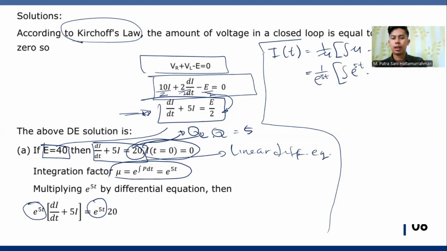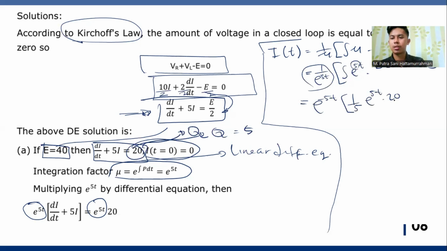We can change to e to the power minus 5t. Also, if you integrate an exponential function, you have to invert the coefficient. So we have 1 over 5 e to the power 5t product 20 plus c.